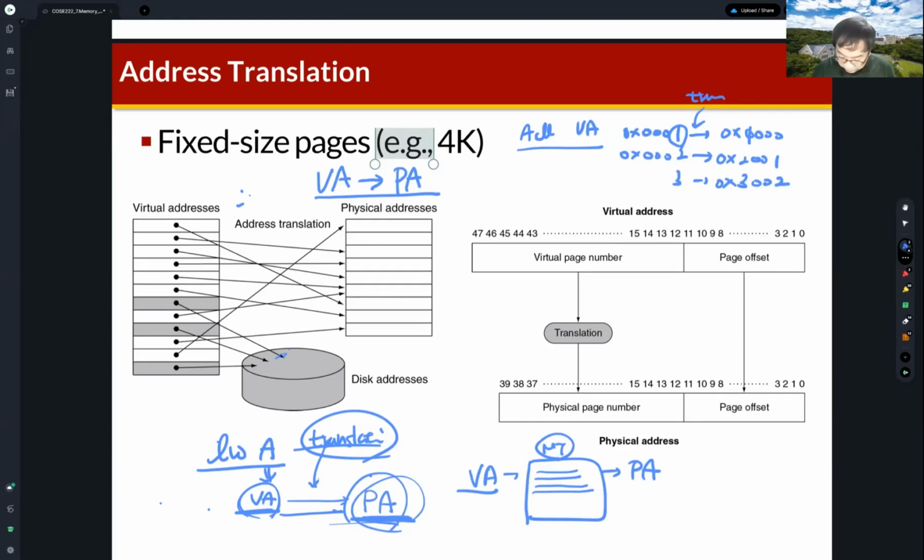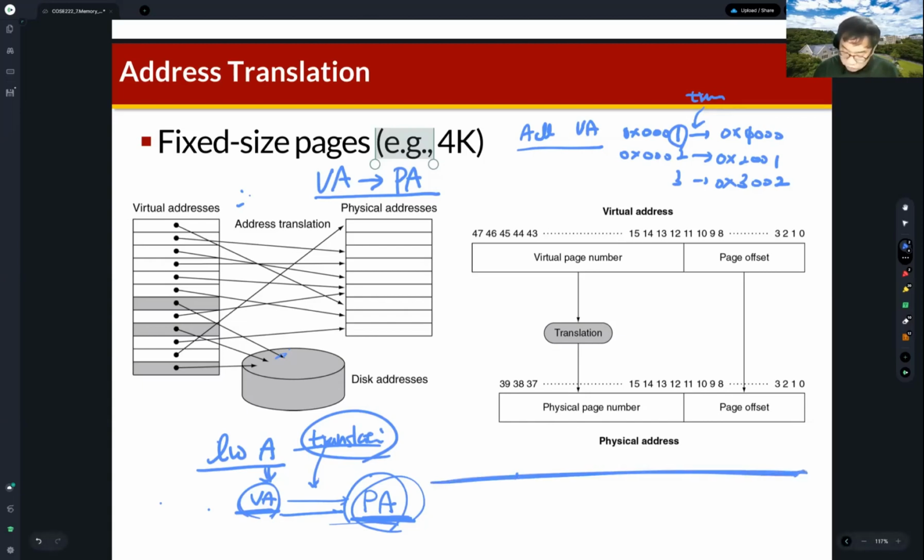So actually, we just translate the upper part of the virtual address. This figure shows the address translation from the virtual address field to the physical address. In this example, the virtual address size is 48-bit, okay? And the physical address size is 40-bit, okay? And only the upper part of the virtual address is translated.